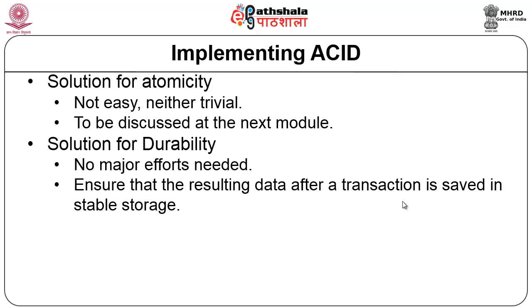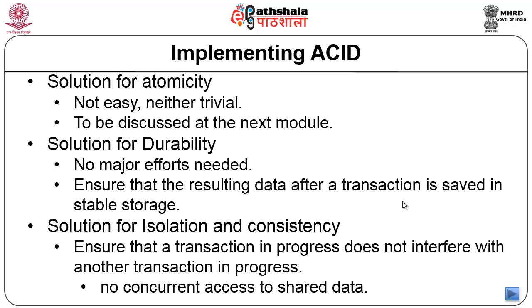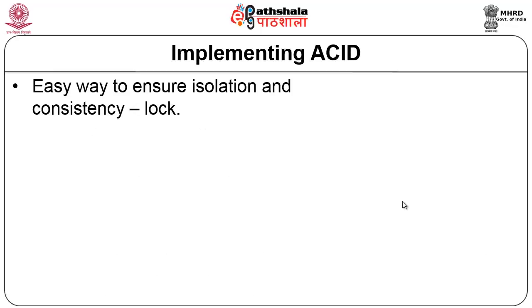Whenever a transaction has completed, we put it in stable storage, and therefore ensure that the result is durable. The solution for isolation and consistency is the discussion now. It ensures that a transaction in progress does not interfere with another transaction in progress, so that there is no concurrent access of data. So, how do we implement this?